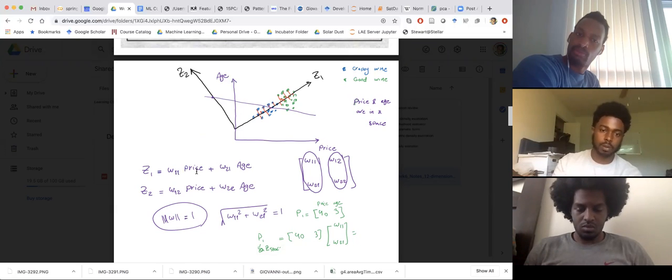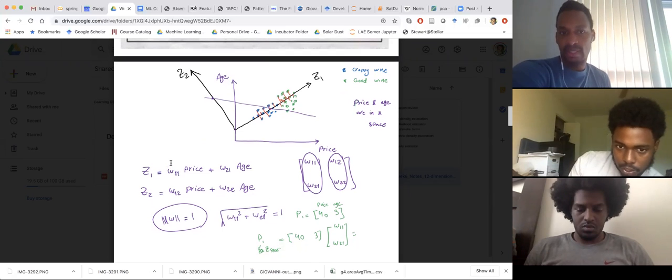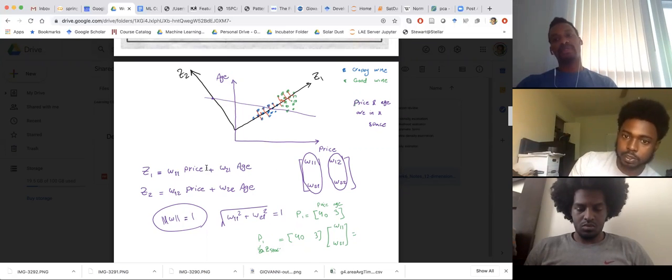It's some linear combination of those features weighted by this W direction.